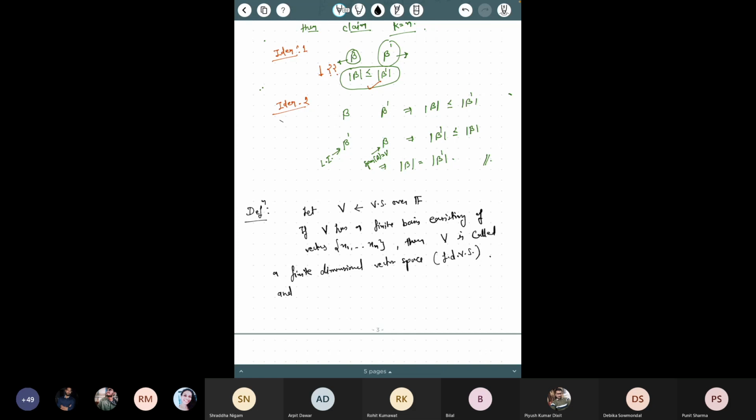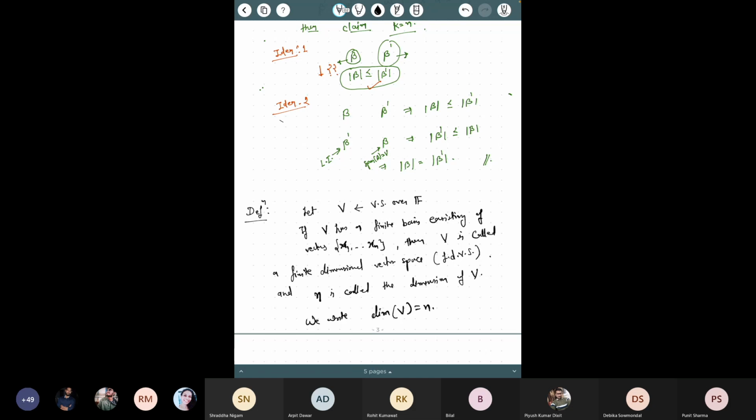So n is called the dimension of V. This is n, these are x, so don't get confused between x and n. So n is called the dimension of V, and in this case we write dimension of V is equal to n.